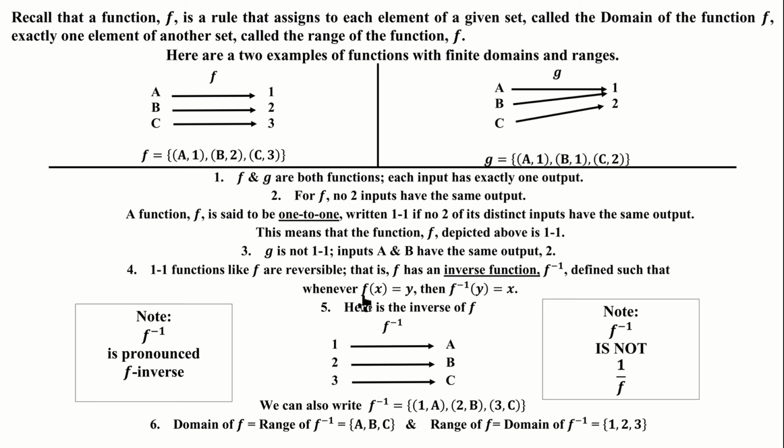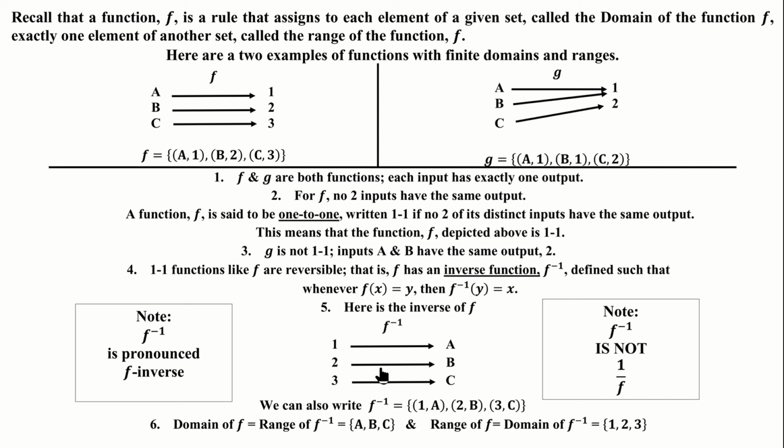Its definition is based on the fact that when f of x is y, we know that f inverse is going to send y back to x. So f inverse of y will be x. And for the inverse function written here, we can also put it in standard functional notation, which is a set of ordered pairs.